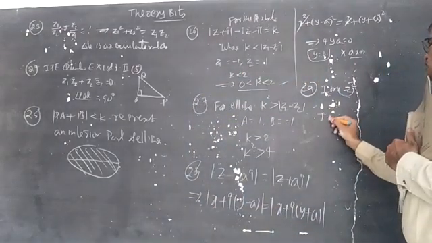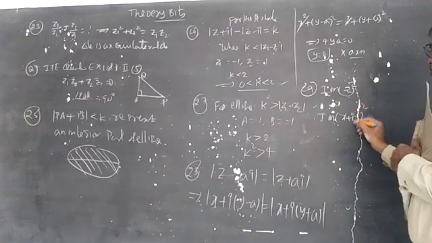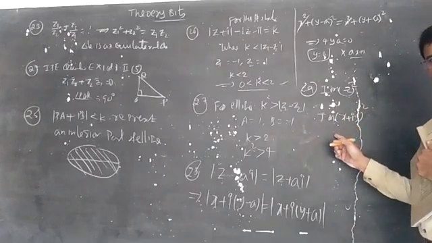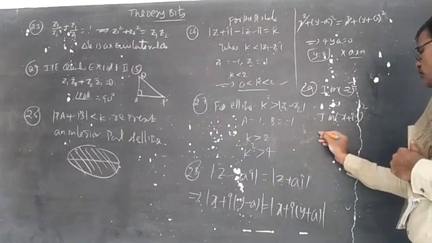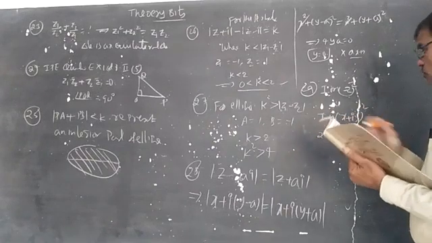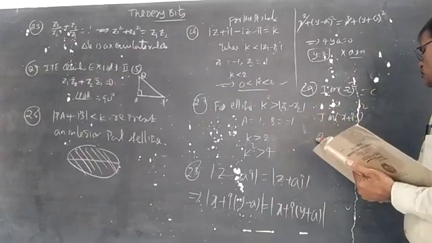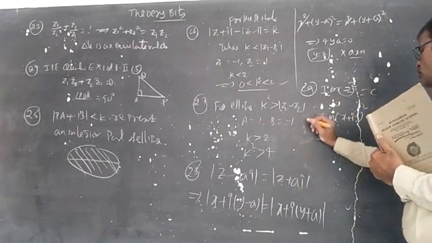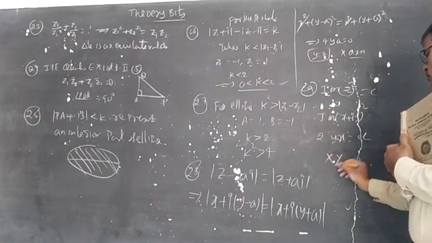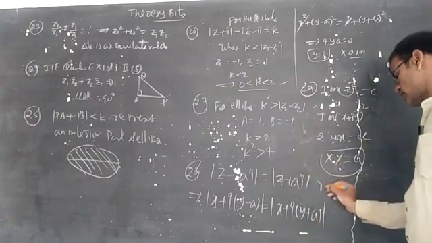Z is x plus iy, so x plus iy whole square is x square minus y square plus 2ixy. So the imaginary part is 2xy equal to c. So xy is equal to c square or k square, which represents a rectangular hyperbola.